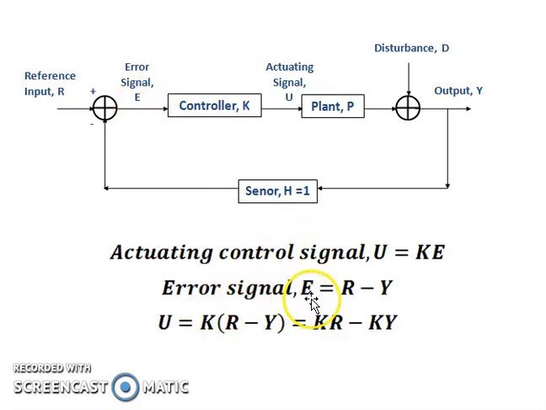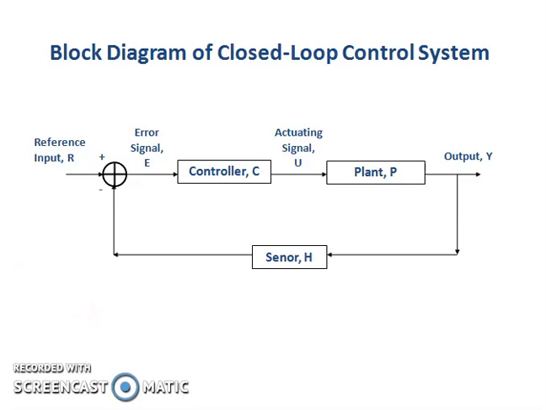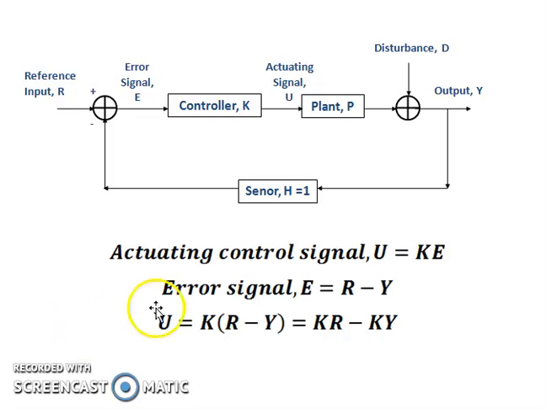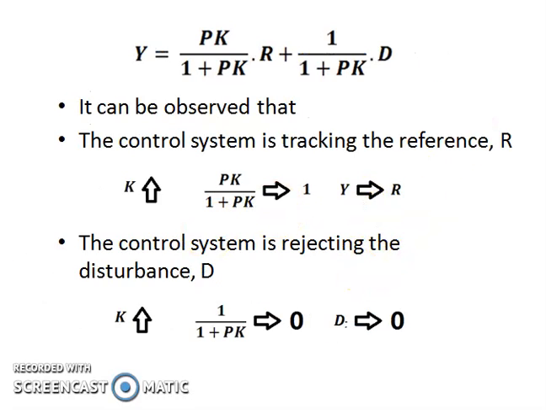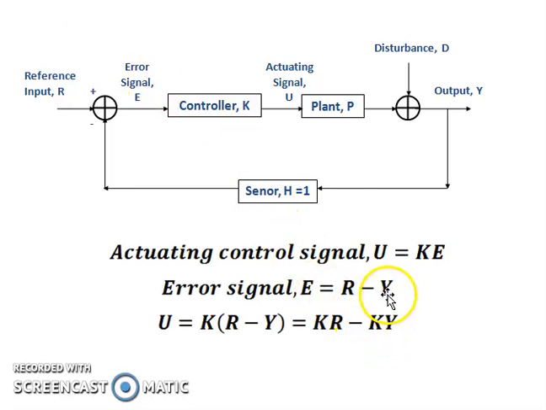The error signal itself is E equals the reference input R minus the measured output Y. So U equals K times E, where E is equal to R minus Y. Then we substitute for E, R minus Y, and open the bracket.